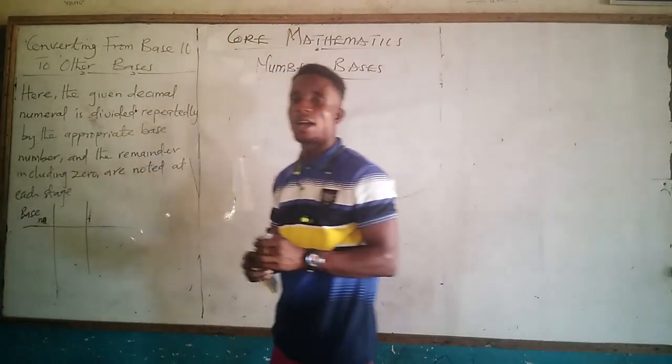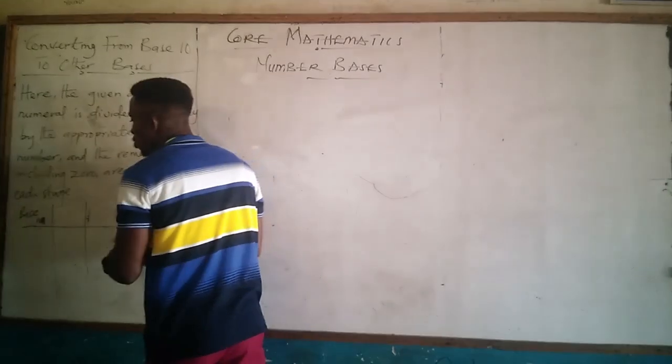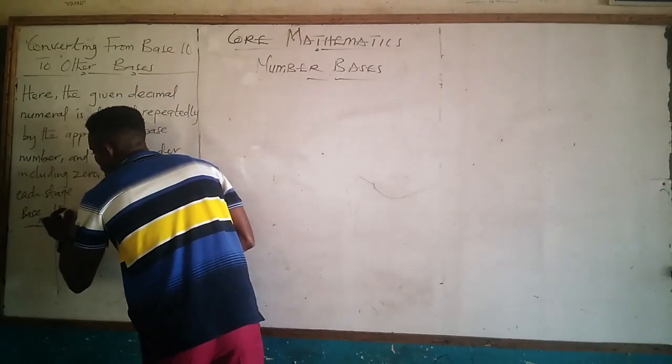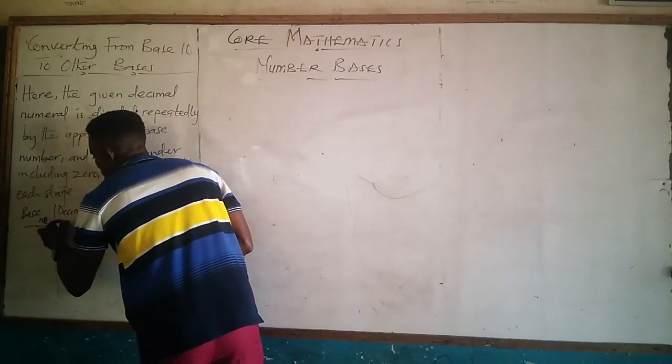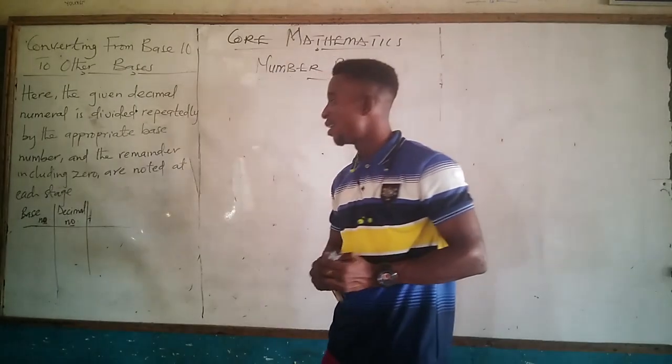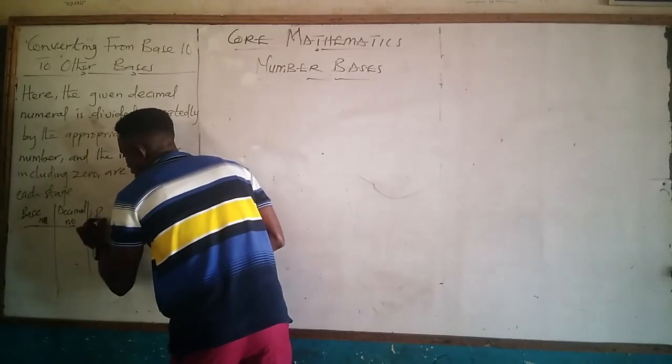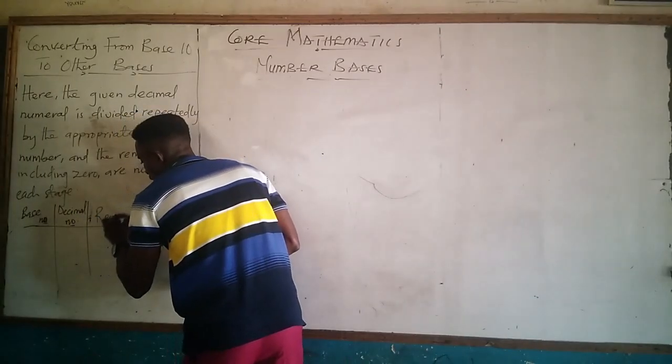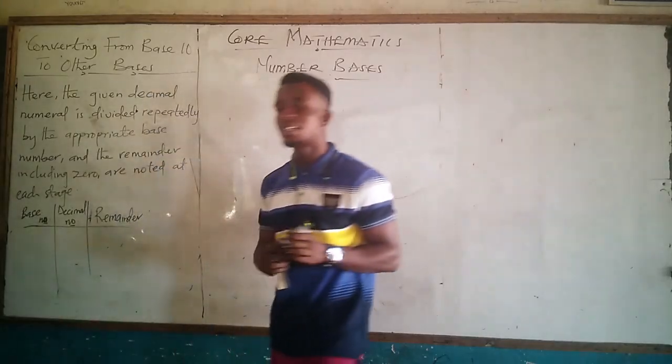That is the base number. The second is the decimal number. And the last one is for the remainder.